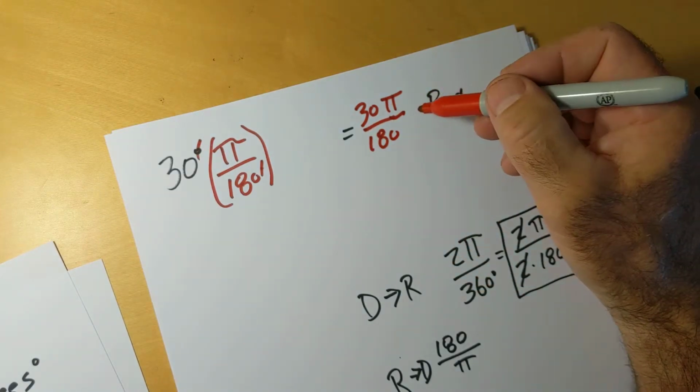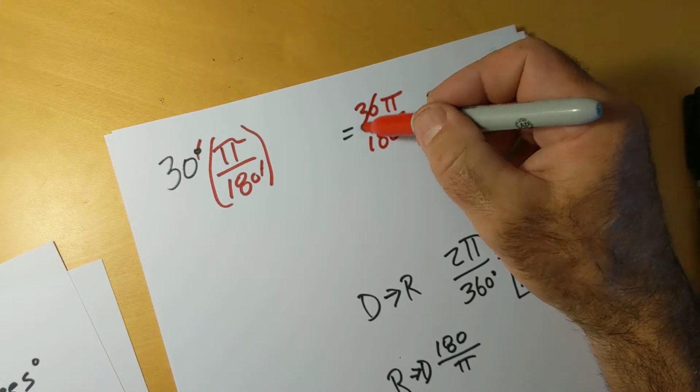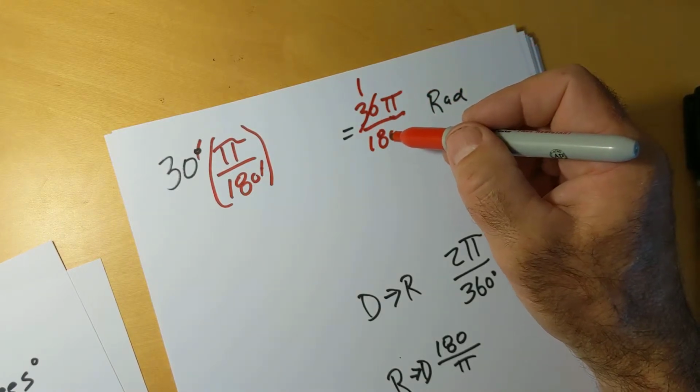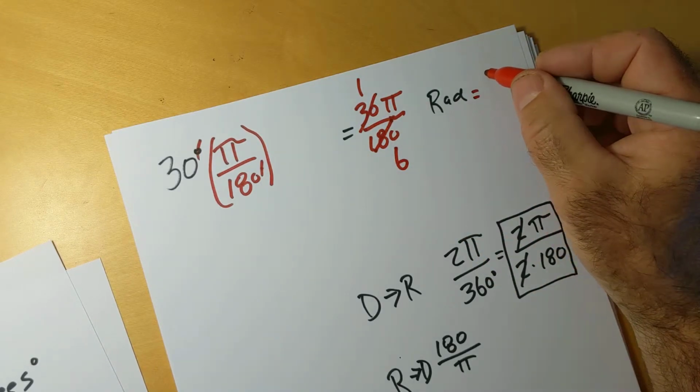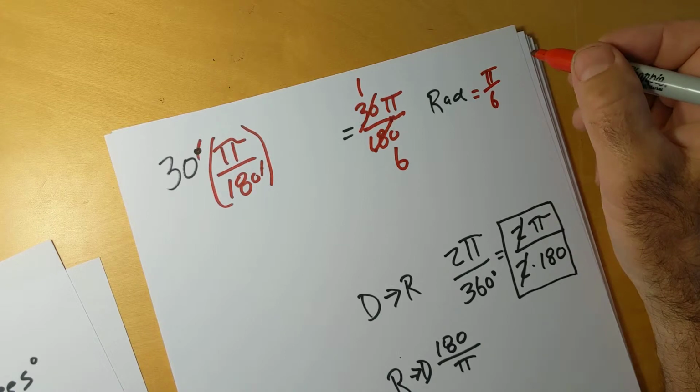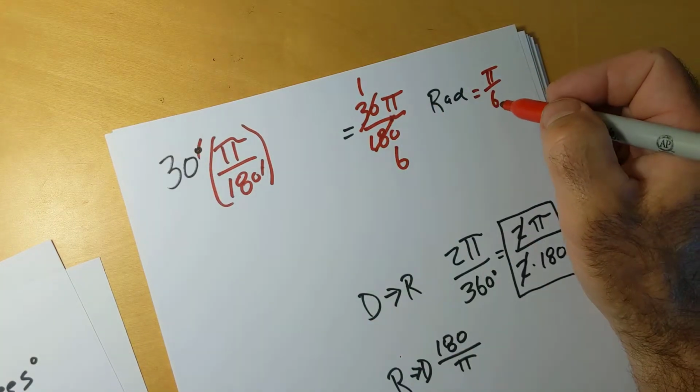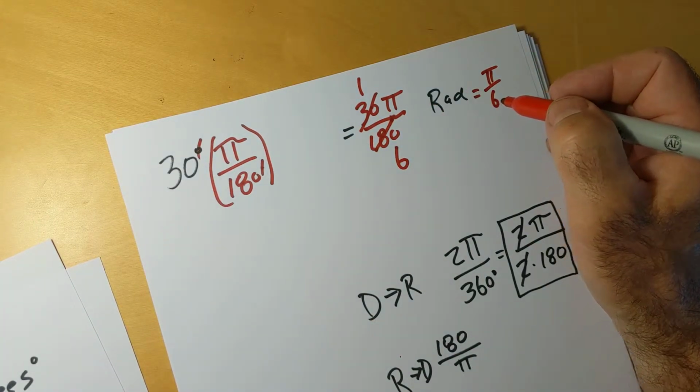But then I could reduce that as well, because 30 goes into 30 1 times, 30 goes into 180 6 times. So it's equal to pi over 6 radians. So 30 degrees is pi over 6 radians.